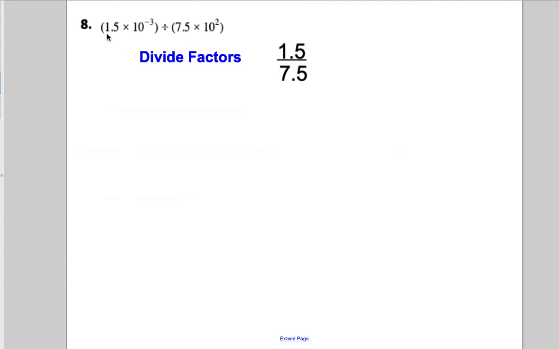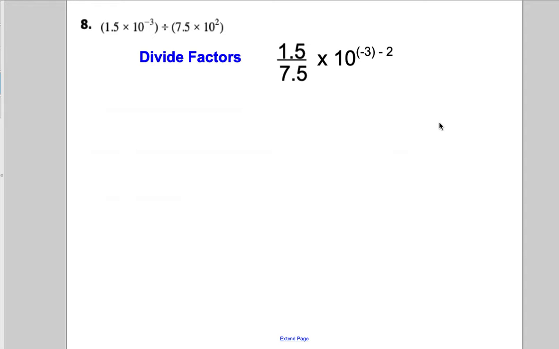Okay, the number on the left, from left to right, 1.5 divided by 7.5. Then my powers of 10, because this is a division problem, they need to be subtracted from each other. 10 to the negative 3 minus 2.